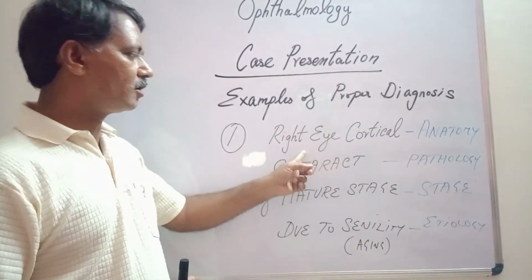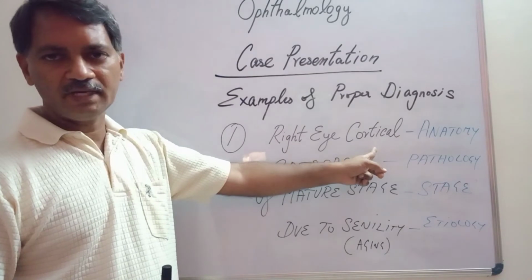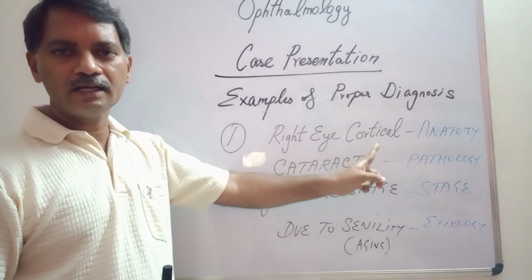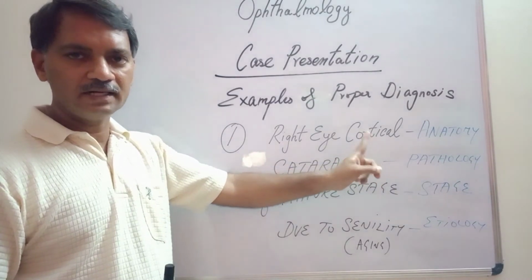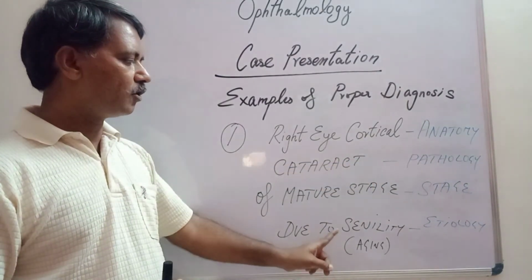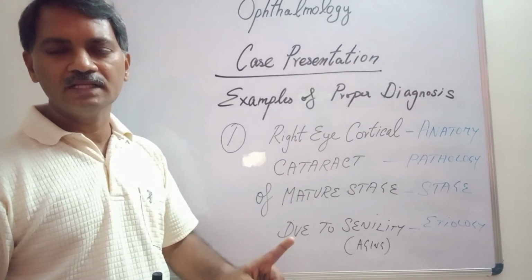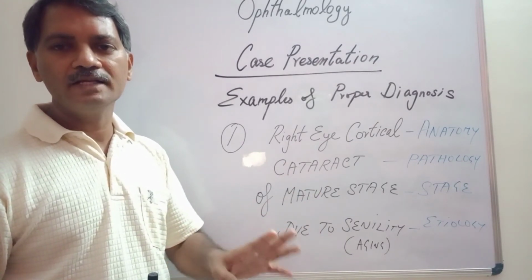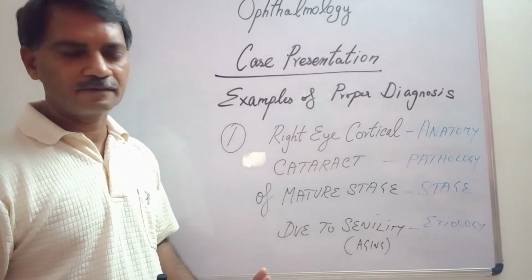The right eye is the organ affected. Cortex of the lens is the portion of the eye affected. Here I have not written lens because it is understood that cataract always occurs only in the lens. It is a disease of the lens of the eye. So we did not mention the lens here.